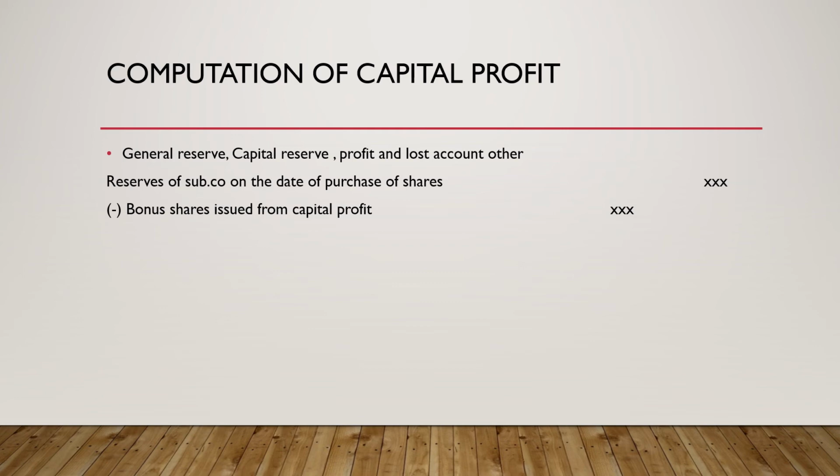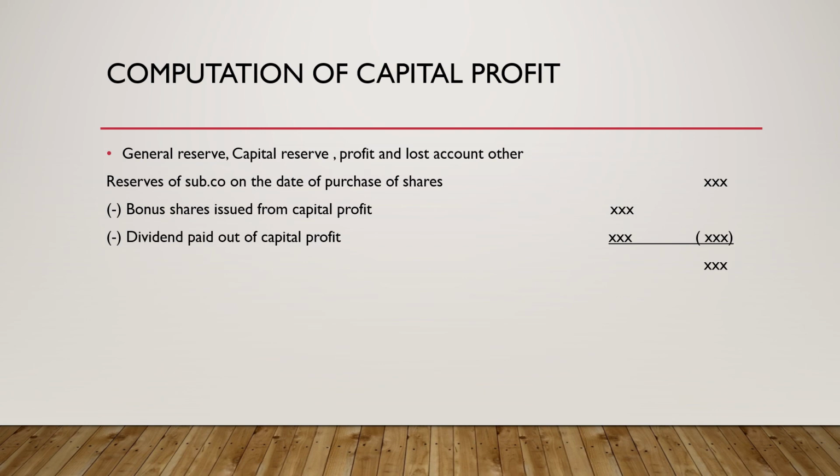Then, is there any bonus share issued by the subsidiary company from capital profit? This information will be given as an adjustment. If you find any information related to bonus shares issued by the subsidiary company from capital profit, subtract it. Second information is any dividend paid out of capital profit.